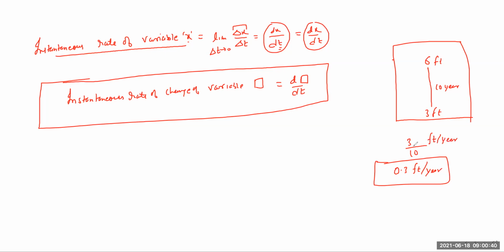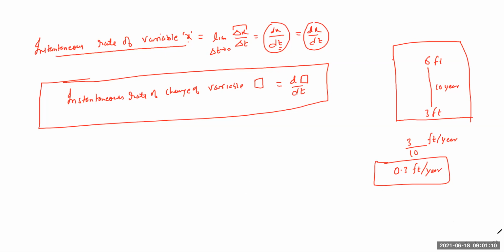The idea of average is known to us, and from there we try to deduce the idea of instantaneous by reducing the interval, and that's why we write the derivative. So what you can remember is that when you write a derivative, dx by dt, it represents instantaneous change. But when you write delta x upon delta t, that represents the average change. So this distinction must be in your mind.